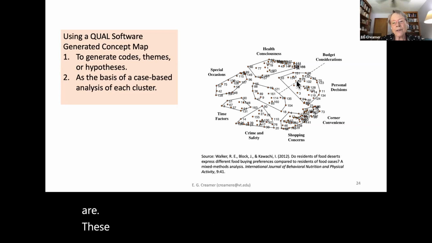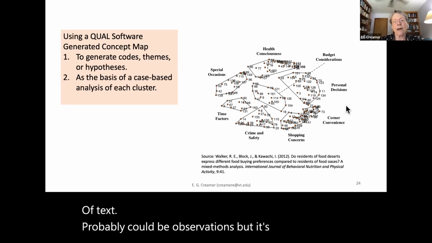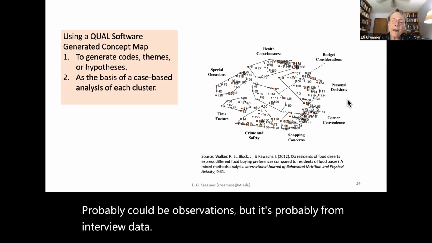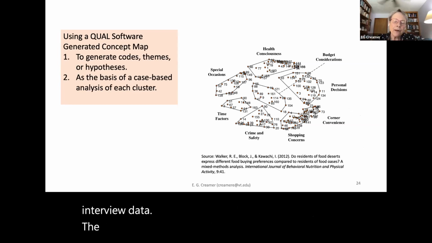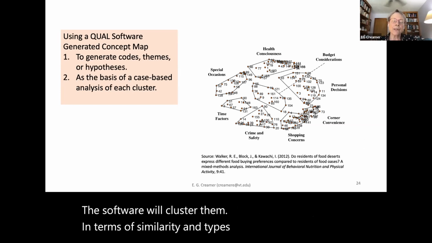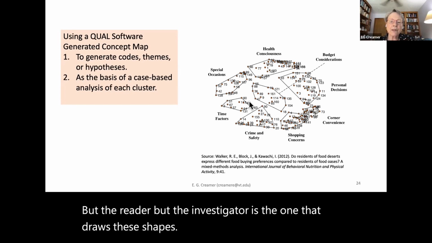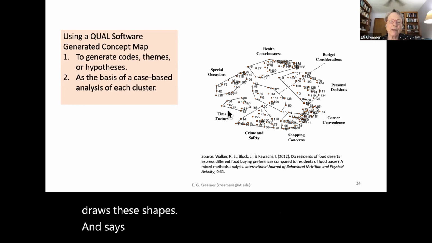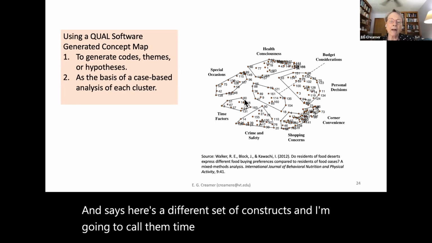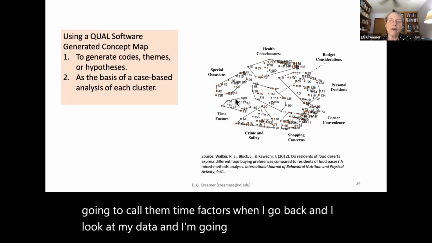These are lines of text, probably could be observations, but it's probably from interview data. And the software will cluster them in terms of similarity and types of language used. But the investigator is the one that draws these shapes and says, here's a different set of constructs, and I'm going to call them time factors.